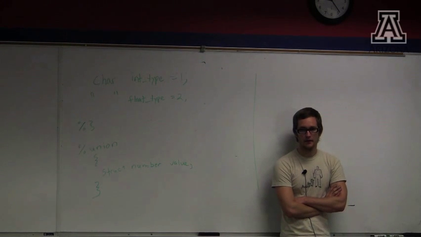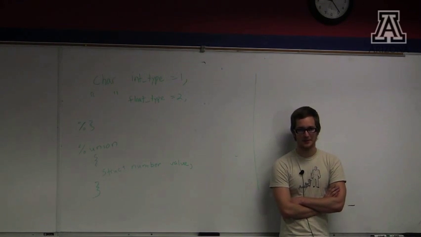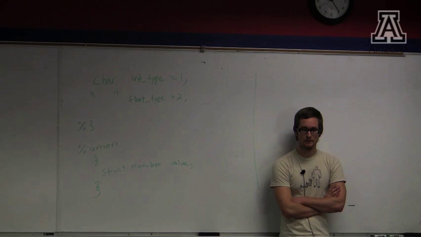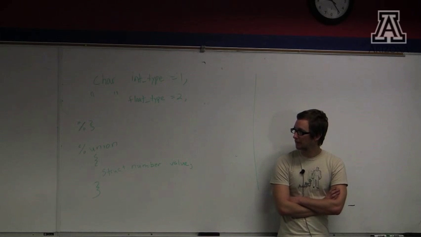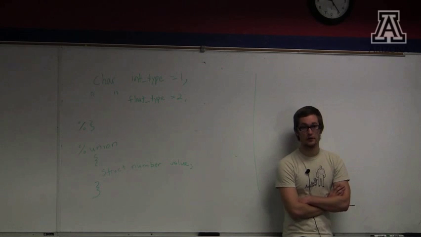So now, how do we think our lex is going to look? Is it going to be the same as before? So the Lex will now return a number. It won't return integer or float. It'll return a number.